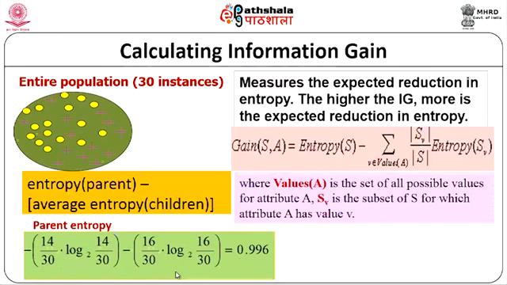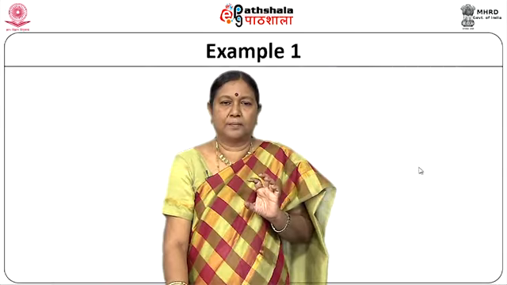If you have more than 2, for example, in the leave example we took, you have 10 am, 9 am, 8 am, so 3. And S sub v is the subset for each of the attribute values. Here you have the entropy of the whole set and here you have the entropy of the subsets. This is the number of samples in that subset divided by the total number of samples. This is how information gain for the attribute A is calculated.